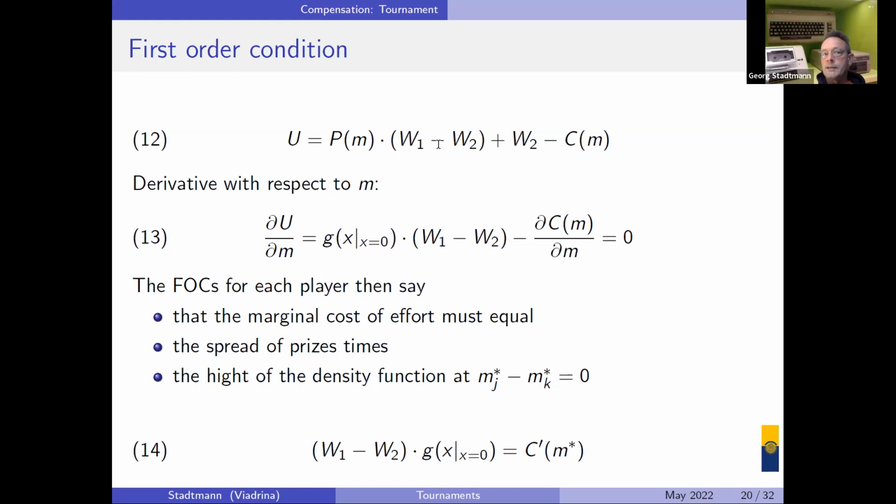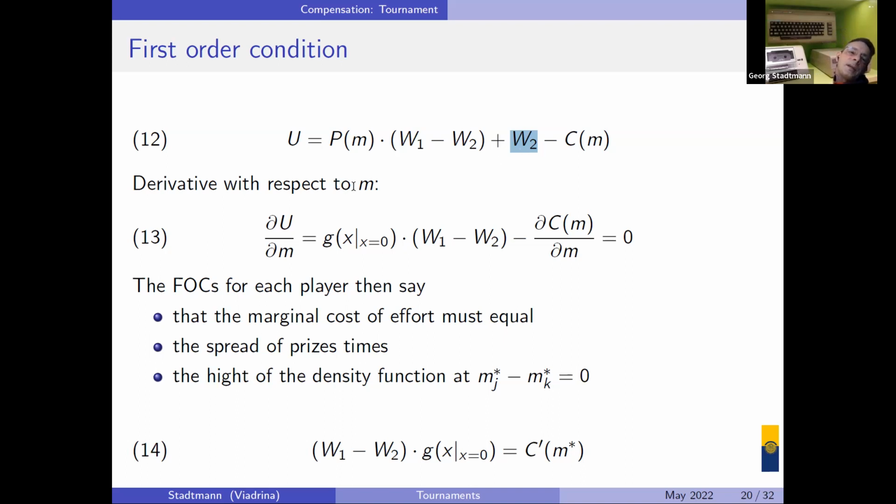So W1 plus W2 does not pop up. Also, W2 will not play a role in itself, because when we compute the first derivative, this part will be gone. So the difference between W1 and W2 will be important, but W2 itself will not be, because you don't run harder when W2 is high or low. You are not motivated by W2, but by the difference between W1 and W2.